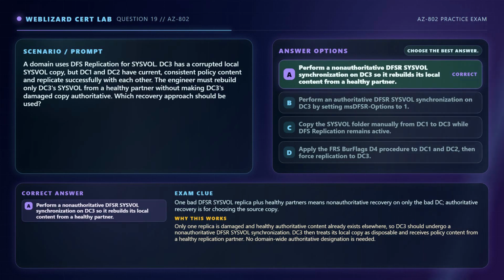DC3 then treats its local copy as disposable and receives policy content from a healthy replication partner. No domain-wide authoritative designation is needed. One bad DFSR SYSVOL replica plus healthy partners means non-authoritative recovery on only the bad DC. Authoritative recovery is for choosing the source copy.